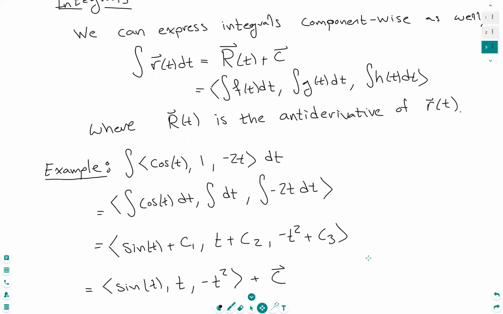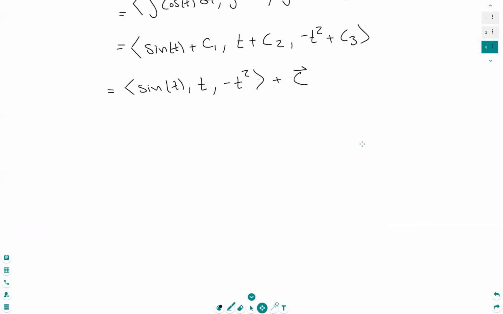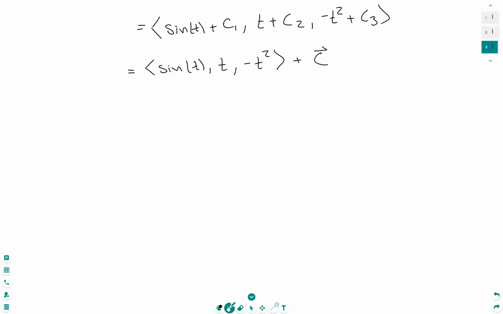These are indefinite integrals, but we can also talk about definite integrals, and they work very similarly. Imagine that I've got some integral from a to b of this vector function r of t dt. This is also component-wise.